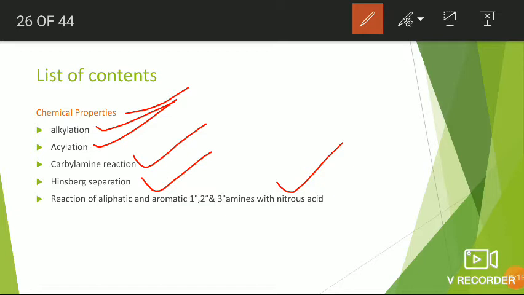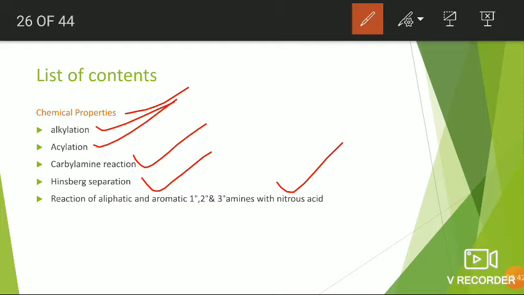If you observe the chemical reactions of the amines, generally the chemical reactivity of amines depends on the availability of electron density on the nitrogen atom of the amine. That is, the chemical reactivity is mainly due to the lone pair of electrons present on the nitrogen atom of amines.